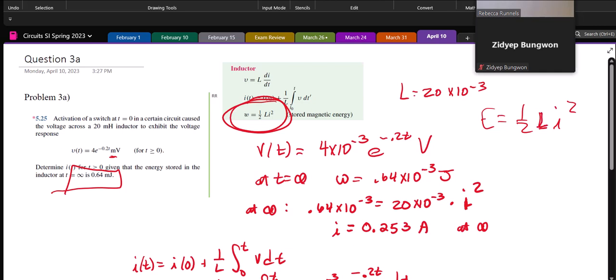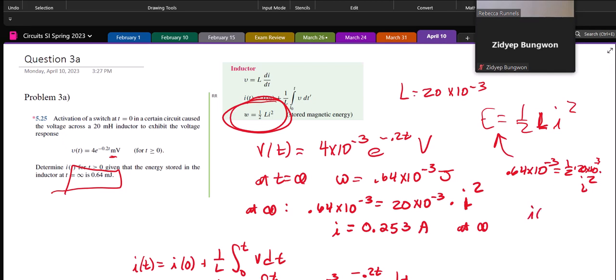So particularly at infinity, if I plug in the energy they gave me, 0.64 times 10 to the negative third equals 1/2 times the inductance, 20 times 10 to the negative third, times i squared, I can solve for i. So this gets me i at infinity. Now what do I do with that?